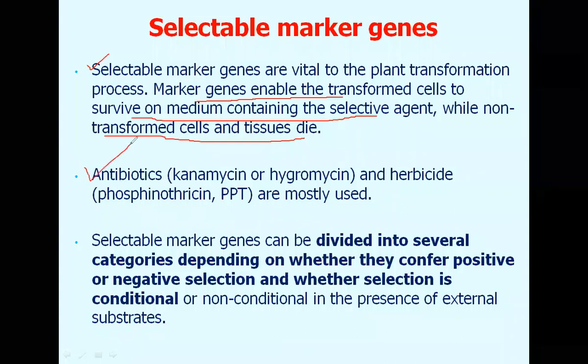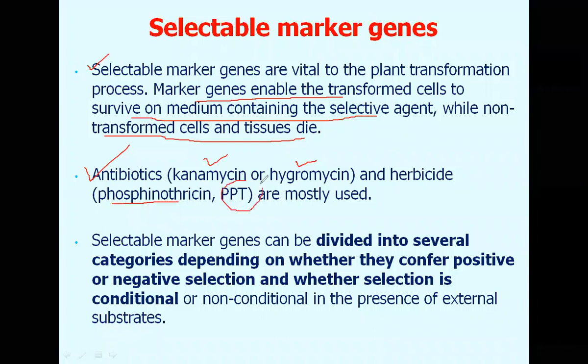So what are those selectable marker genes very commonly used? Antibiotic resistance conferring genes, those genes which confer resistance to antibiotics, are very commonly used for bacteria selection as well as for plant selection. For example, genes conferring resistance to kanamycin, or hygromycin, or to a herbicide, for example phosphinothricin, abbreviated as PPT.